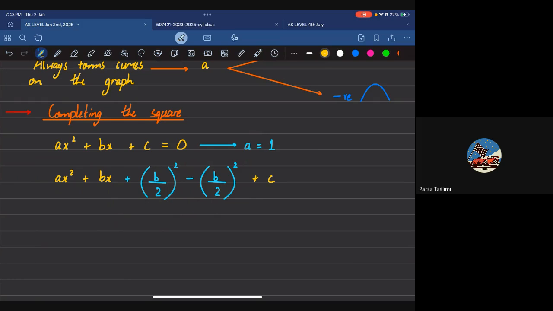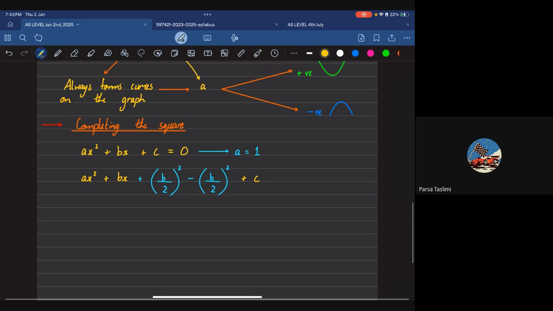Now, what happens? I want you guys to simply look at this. Just staring at this part. Now, you've already obviously done this before as well.